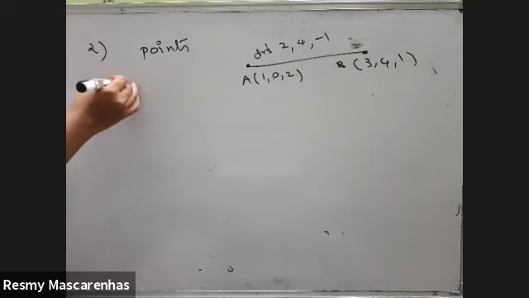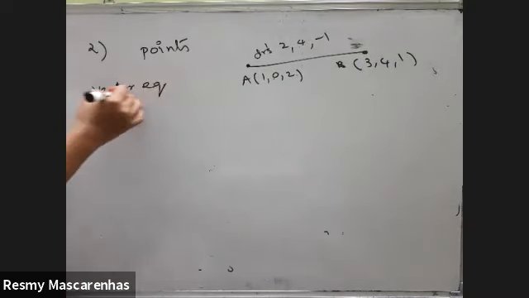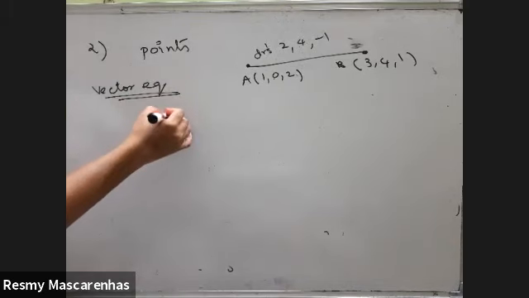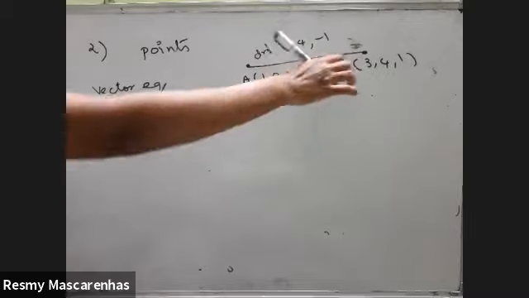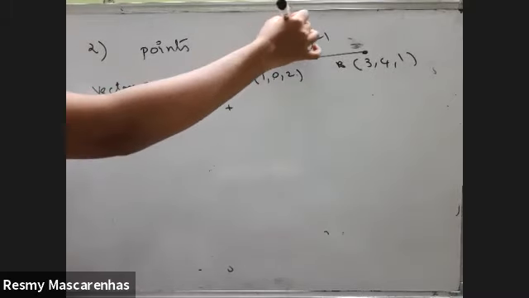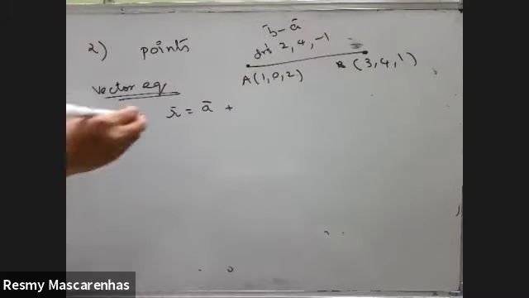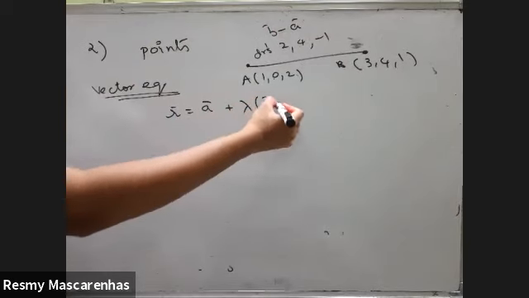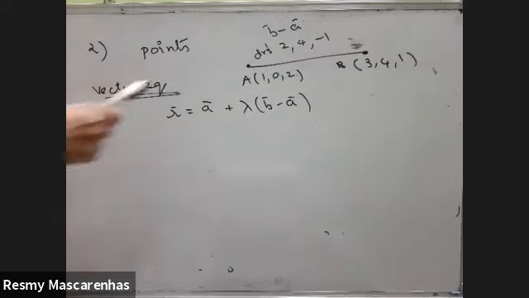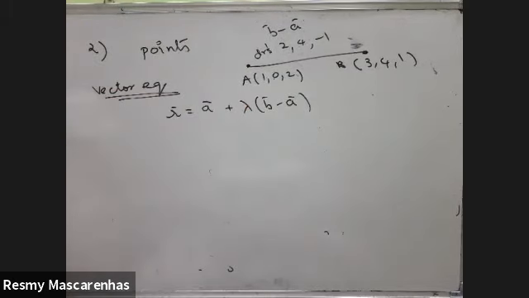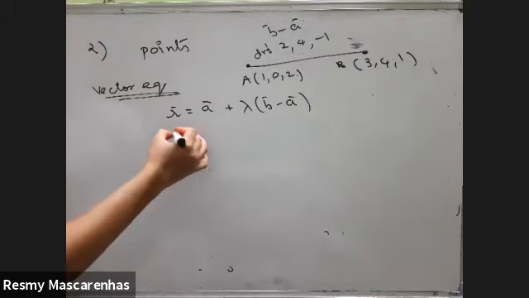So the vector equation: r bar is a bar, your first point vector, plus lambda times what you have found, which is b bar minus a bar. So write it in vector form because we are writing the vector equation. So convert this into vectors.